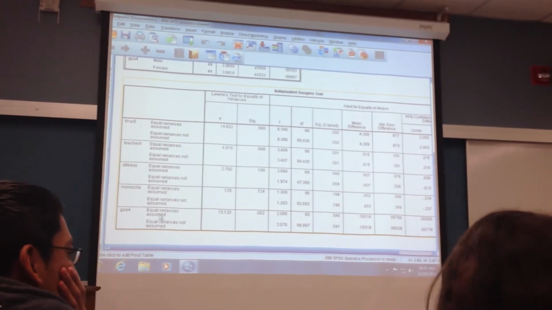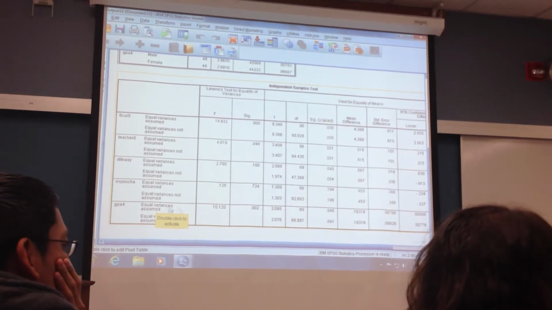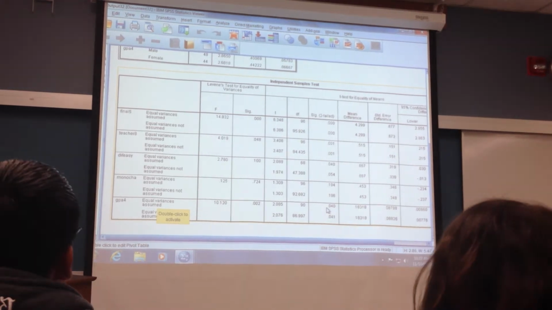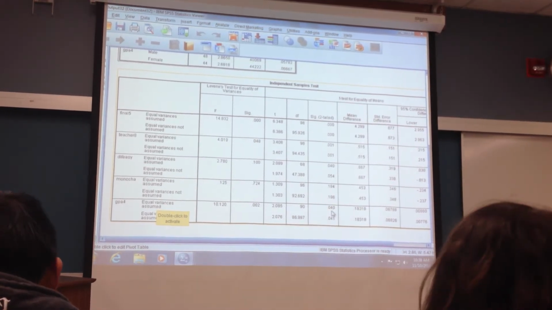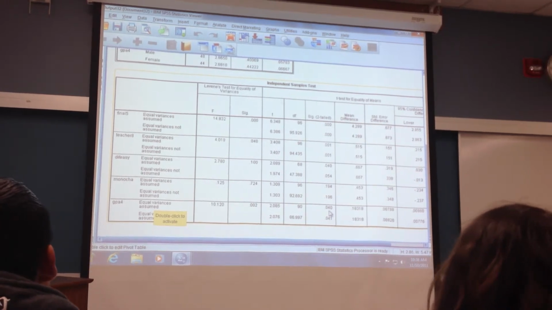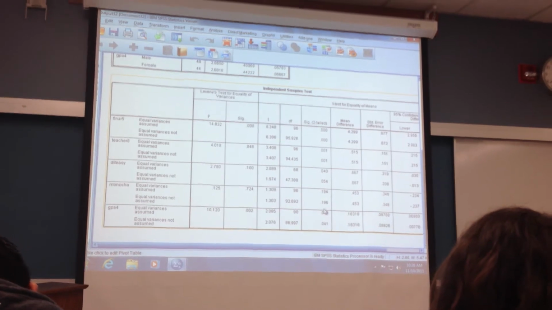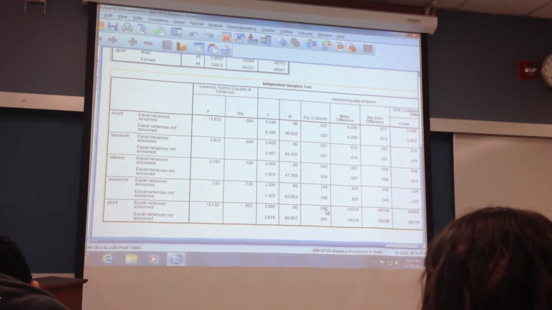So are we on the top row or bottom row? We're on the top row. Now we come over here. What do we assume about the means? 0.040 is our p-value. We're rejecting that, because it's less than 0.10.